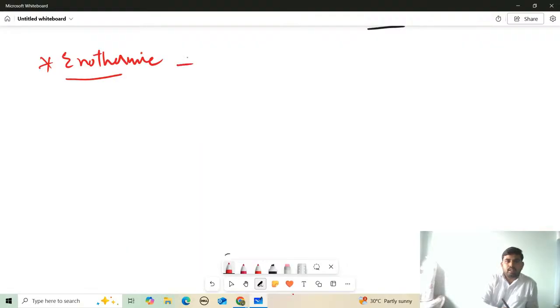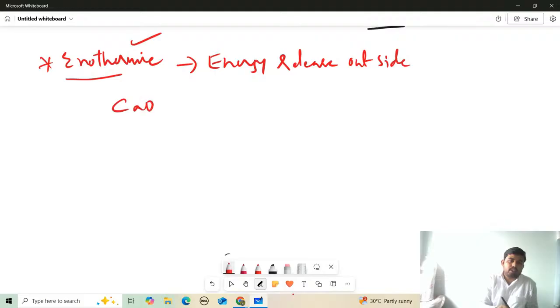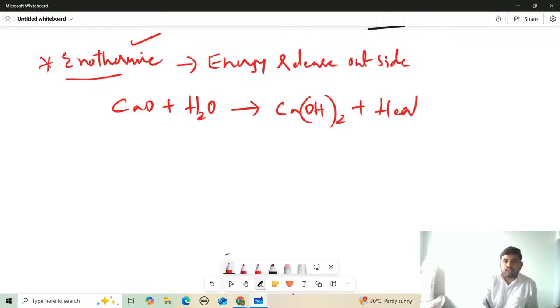Exothermic means energy will be released outside. This kind of reaction is called exothermic. Suppose we take the example of calcium oxide combined with H2O giving rise to calcium hydroxide. Along with that, a large amount of heat energy is produced.